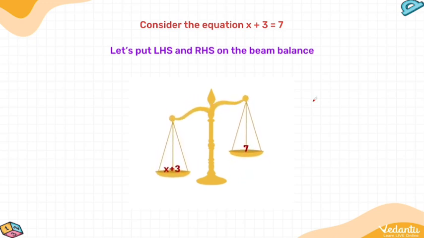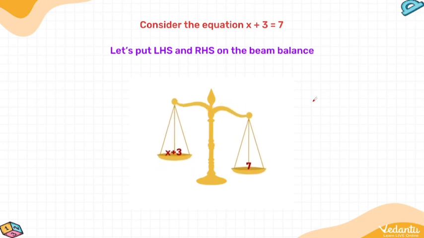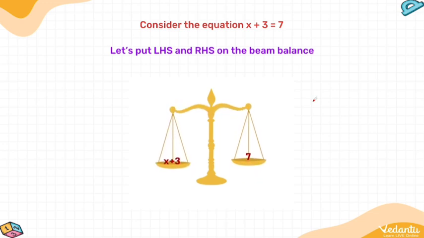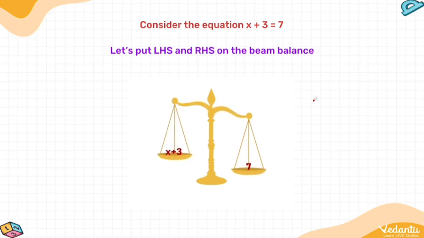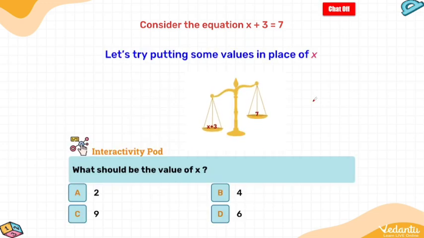On the left hand side, we are keeping x plus 3 and on the right hand side, we are keeping a 7 and making it equalize. So tell me what we can put in the value of x so that this equation is being balanced on both sides, that x plus 3 should be equal to 7. So what could be the possibility of the value of x?